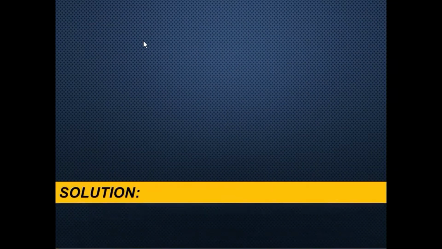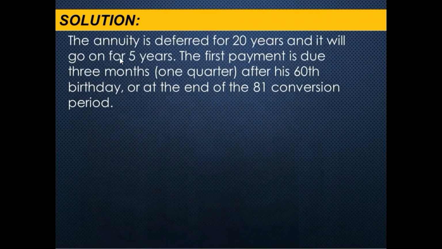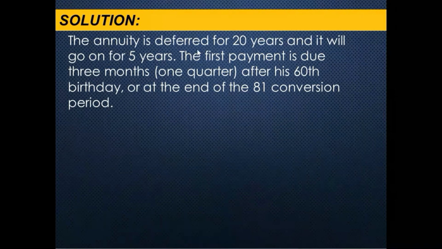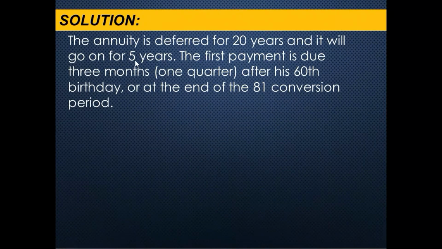Since it is on his 40th birthday and he will receive the pension at the age of 60, the annuity is deferred for 20 years and it will go on for 5 years. So the first payment is due 3 months, or 1 quarter, after his 60th birthday, or at the end of the 81st conversion period.